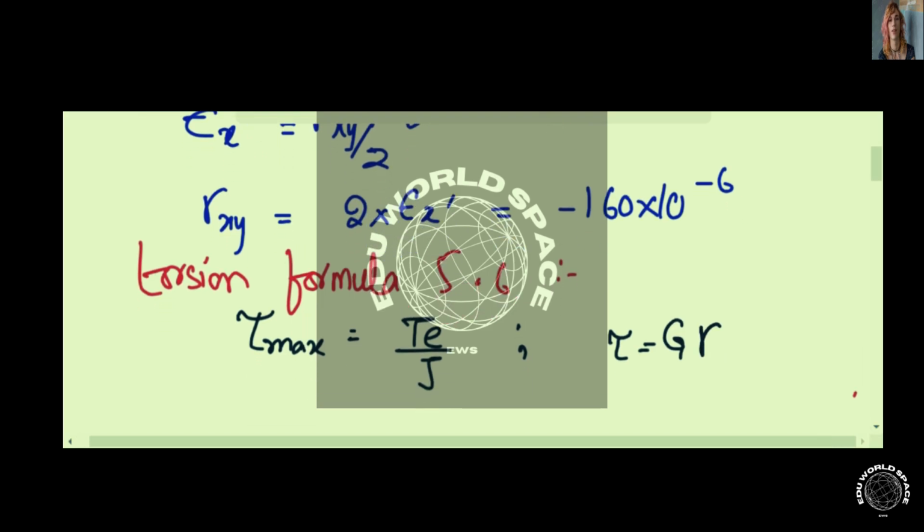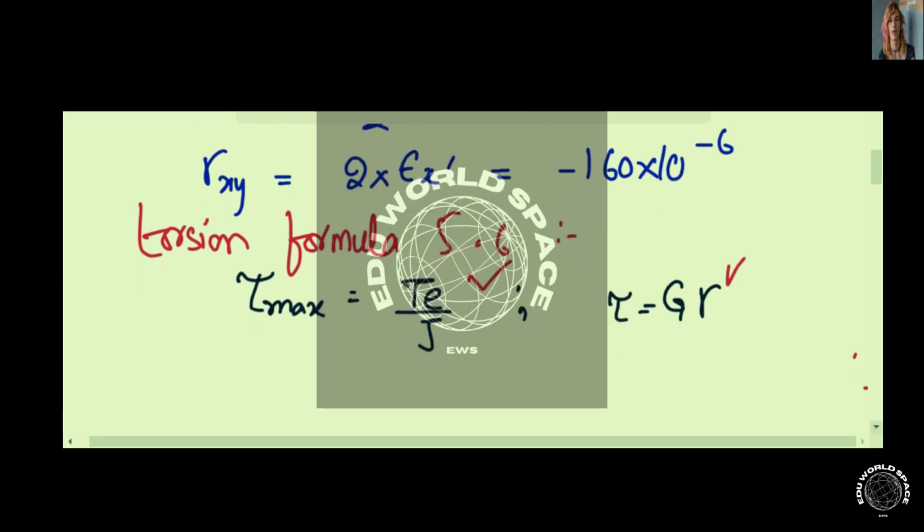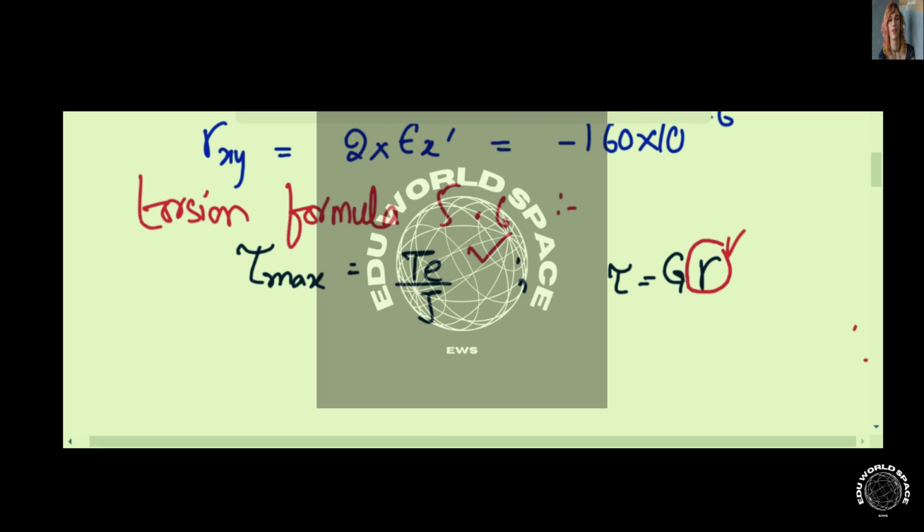Now we are going to compare this and this equation, and then we will solve it for gamma, right? So when we solve it for gamma, no, sorry, we are not going to solve it for gamma. We are going to solve it for torque, right? Because we need torque in this question.